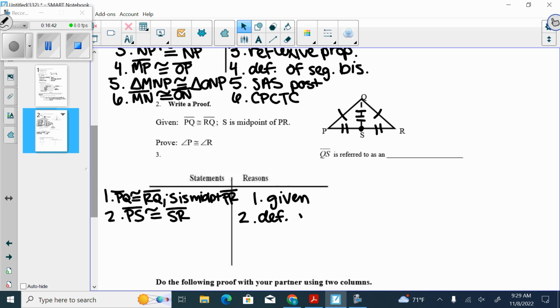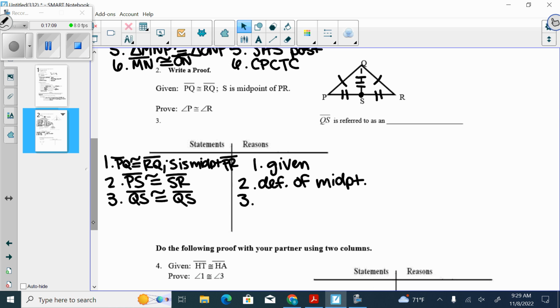Definition of midpoints. You know, midpoint means it's right in the middle, so it must split it in half. Okay, and then the third thing that you guys told me that we could mark over here was the shared side. Okay, and what's the name of that shared side? Okay, so QS is congruent to QS by what property? Good.